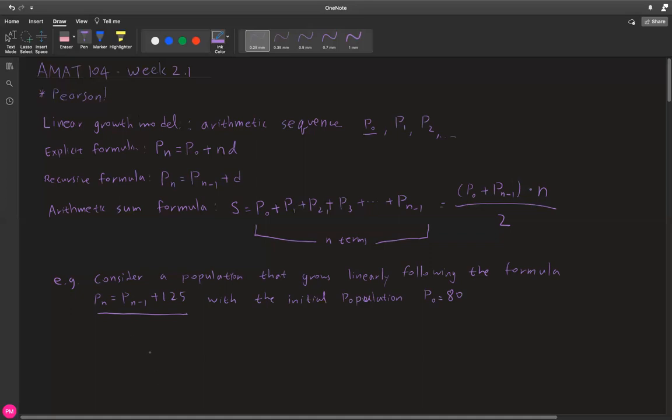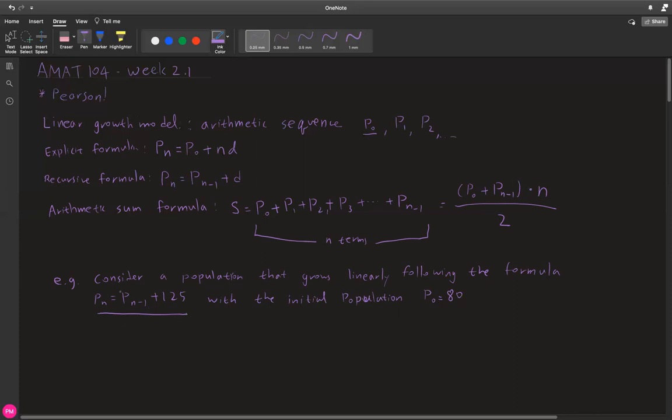Before we do anything, is this an explicit formula or a recursive formula? You should know that this is a recursive formula because the term depends on the previous term of the sequence.